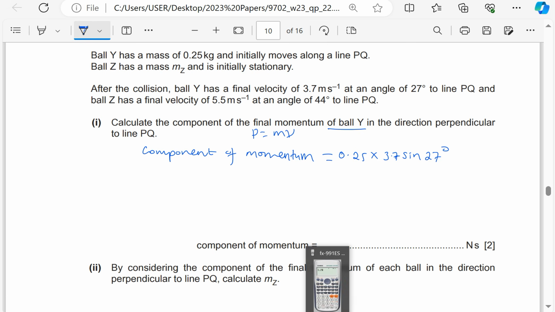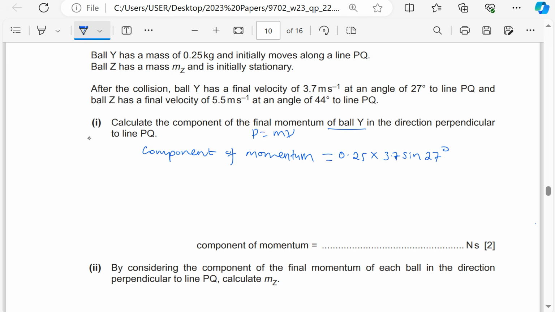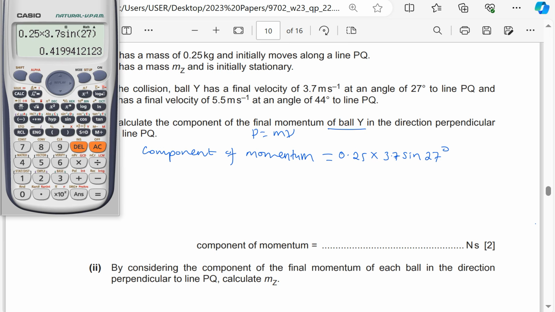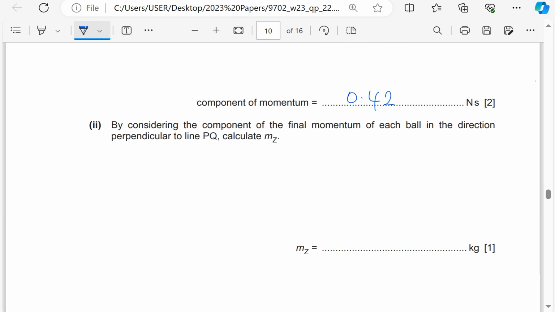So 0.25, that is the mass, times the velocity, which is 3.7 sine of 27, which is 0.42. So that is 0.42 Newton seconds.